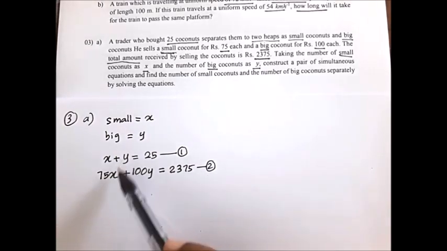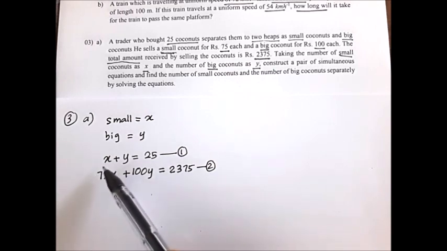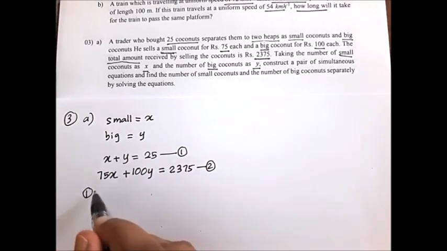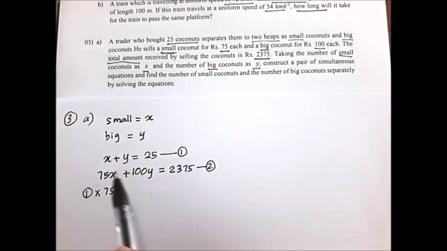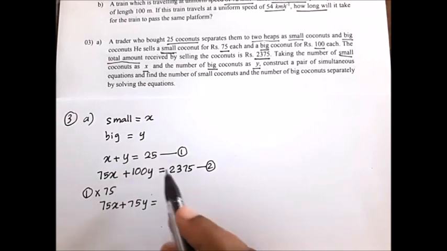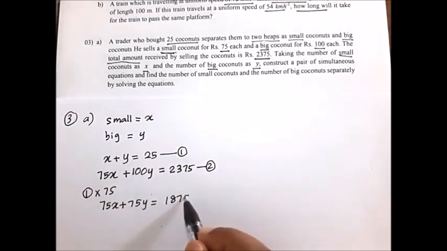To solve these two equations, you have to make these coefficients equal. Here the x coefficient is 1, here 75. To convert this into 75, multiply the first equation by 75. Multiply each and every term by 75. 75x, 75y, and multiplying this one by 75, 1875.